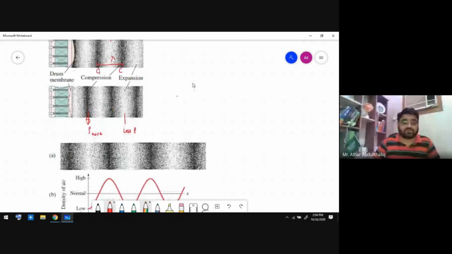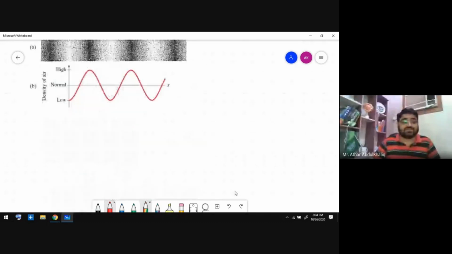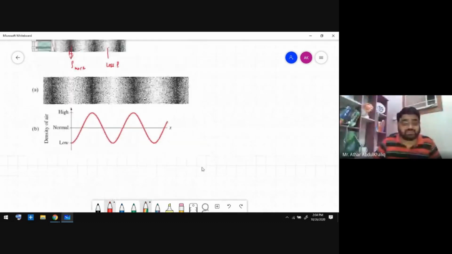I tried to draw the density at each position. Here the y-axis is density and the x-axis is position. The area of the longitudinal wave which has high density, where molecules are close, is considered as a crest. Low density is considered as a trough.